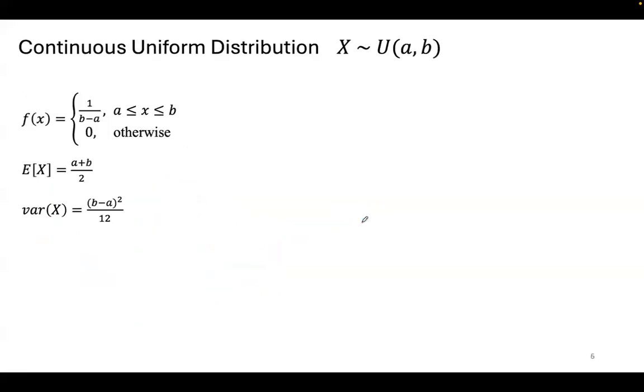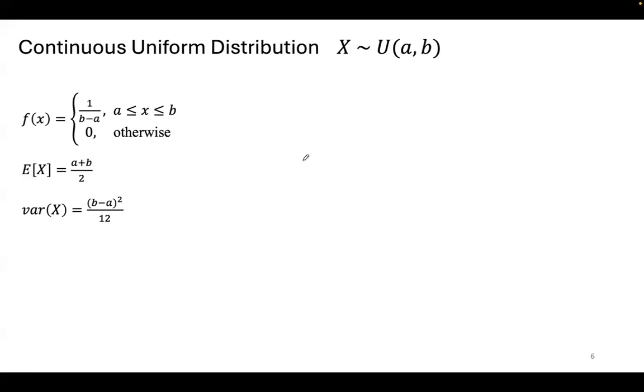All right. So the first thing is the continuous uniform distribution. Again from last week, this is the notation we are using. x is a random variable which has a distribution U, denoting uniform. There are just two parameters that you need to know: a and b. By convention, a is the smaller value, but the direction does not matter so much, even if you take it the other way.